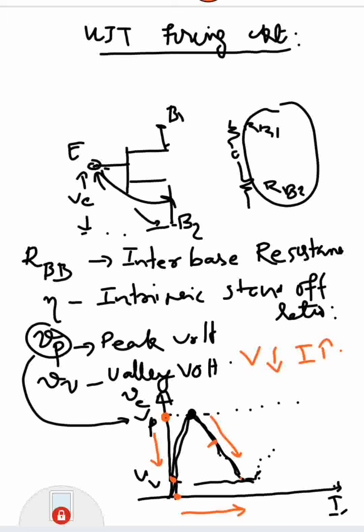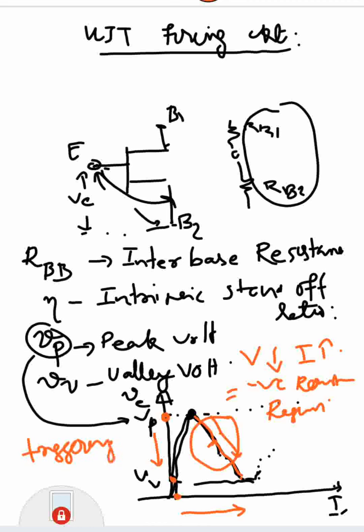Normally we call this region the negative resistance region. Operation in this region is unstable, and it is especially used in the UJT for triggering. So you must operate this UJT in this region for triggering.